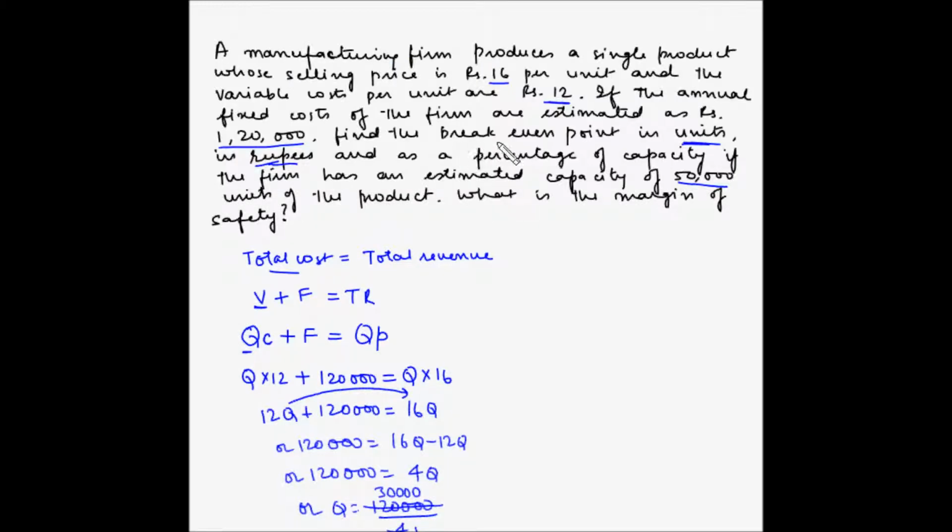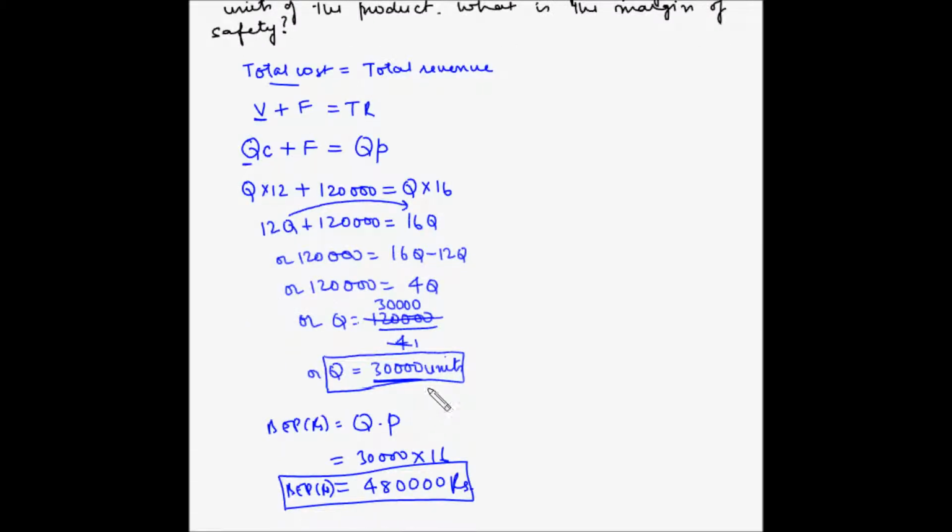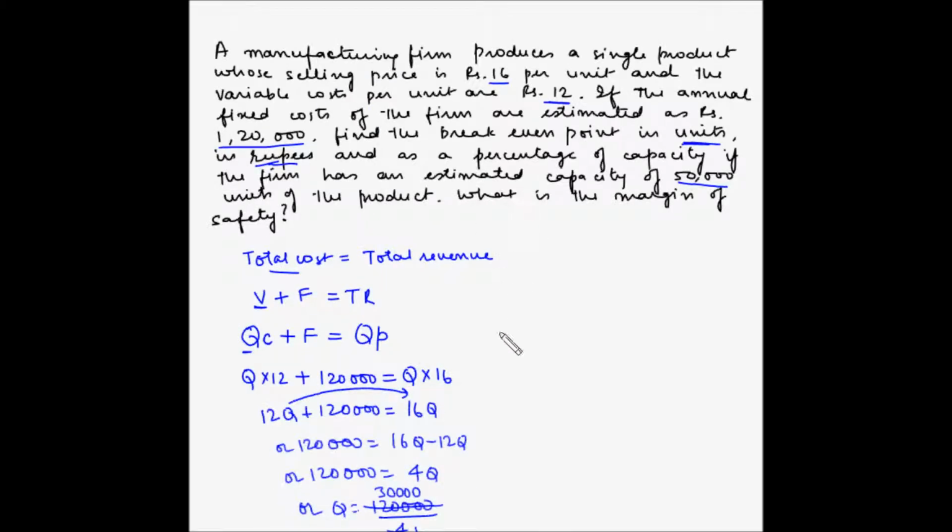Next, we have to find out the break-even point as a percentage of capacity, if the firm has an estimated capacity of 50,000 units of the product. Every firm will have a certain capacity to produce, and this firm has a capacity to produce 50,000 units. So we have to find out what percentage of 50,000 is 30,000.